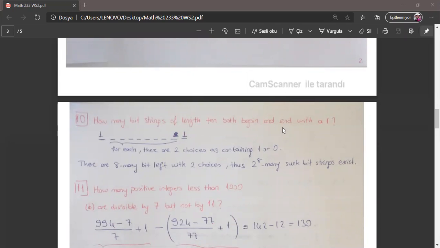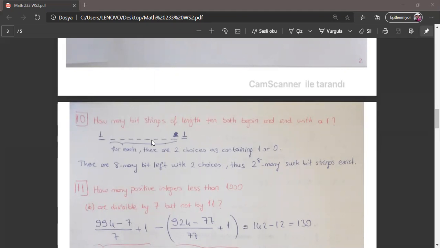Now we want to compute this. We want the bit string to start with 1 and end with 1 again. For the first and the last digits, we know it has 1. How many digits are there between them?